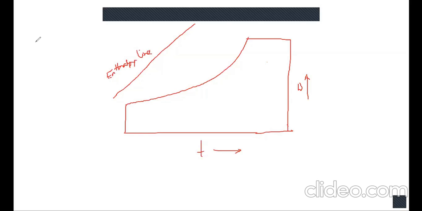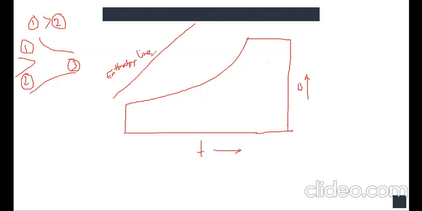Now, as per our condition, two streams, 1 and 2, mix with each other and we get state 3. How do we draw? First of all, let us assume these two are different states. We are assuming that state 1 has higher properties than state 2. Say the enthalpy of state 1 is greater than state 2, or the temperature of state 1 is greater than the temperature of state 2.